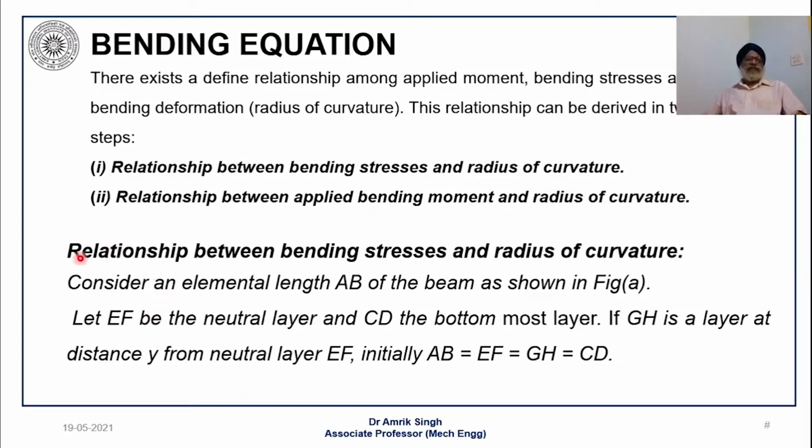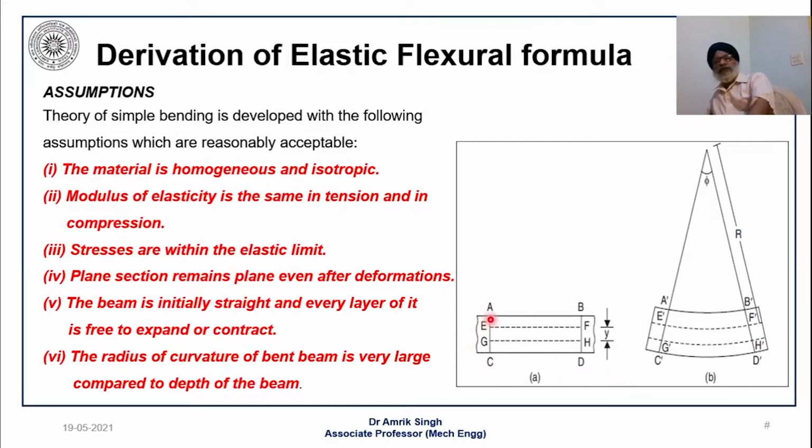In the first instance, we consider an element AB of the beam as shown, and EF is the neutral layer, CD is the bottommost layer, and GH is a layer at a distance y from the neutral layer. Initially, AB is equal to EF is equal to GH is equal to CD. If you see this figure, AB is equal to EF is equal to GH.